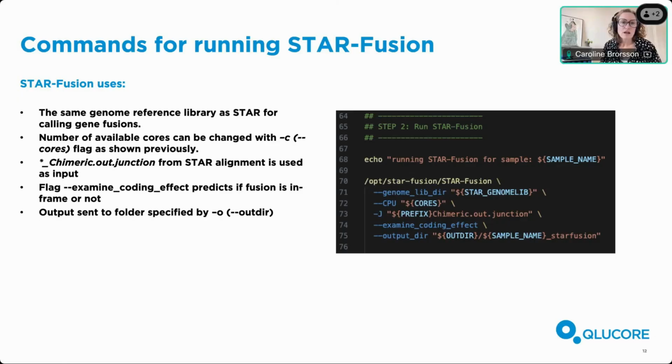Then we add a flag called examine coding effect, which predicts if a fusion is in frame or not. This is done automatically by the other callers, but here we need to set a flag to get STAR-Fusion to output this. And this can be used as a filter in Qlucore Insights if we only want to look at fusions that are predicted to be in frame, for example. And then the output is sent to our out directory folder.